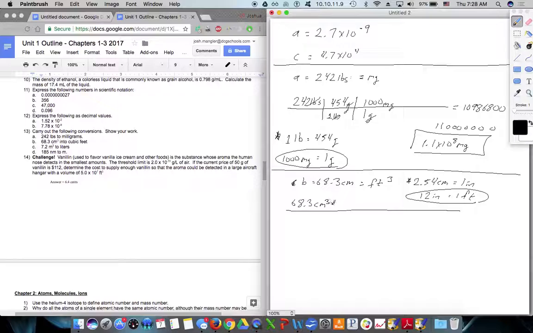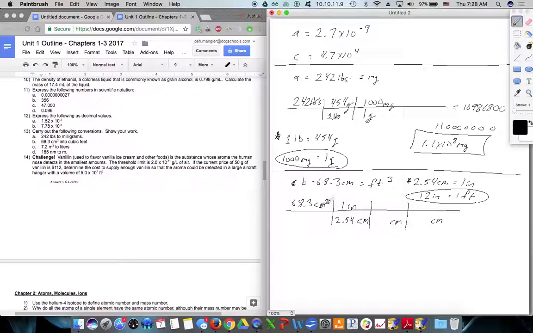Okay, and this is centimeters cubed. Now, if we put a centimeter down here, we put 2.54 centimeters, 1 inch. It only cancels out one of the centimeters, so we need to do this 2 more times. Centimeter and centimeter.